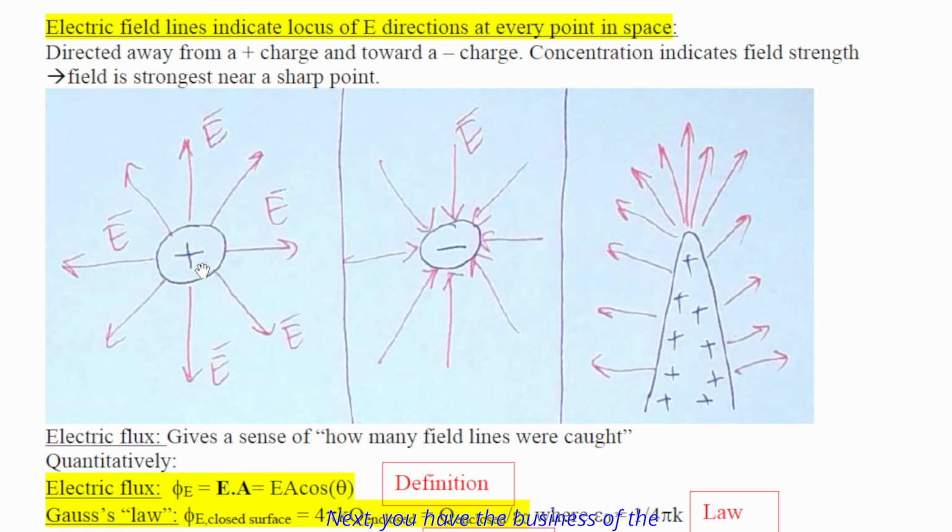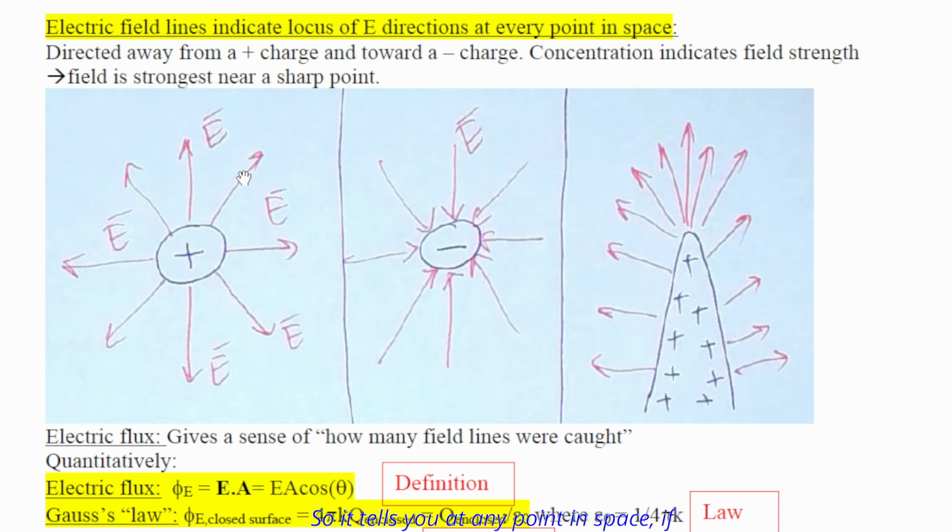Next, you have the business of the electric field lines. So if you have a positive charge, and you place a test charge over here, a second Q, it's going to feel a force. If you put this test charge at different places and you complete a locus of all the points of that force, these are the electric field lines.